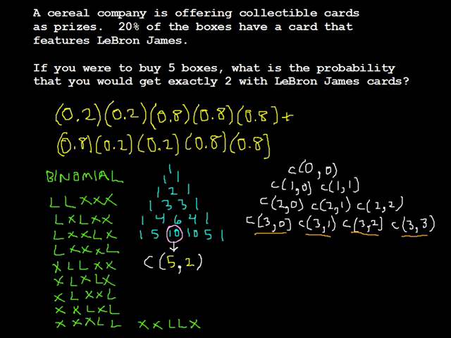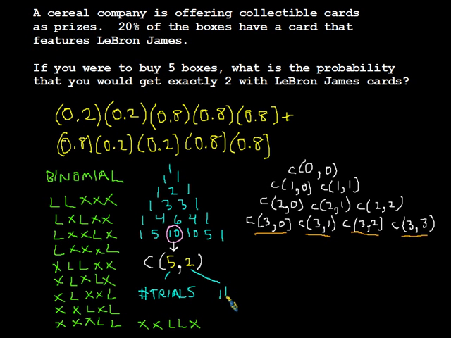And if that's the case, we're going to try to relate this directly back to the problem that we have here. It turns out that this 5 represents the total number of trials that we're interested in. In this case, we're interested in how many boxes of cereal we buy, and so we'll call buying each box of cereal a trial.